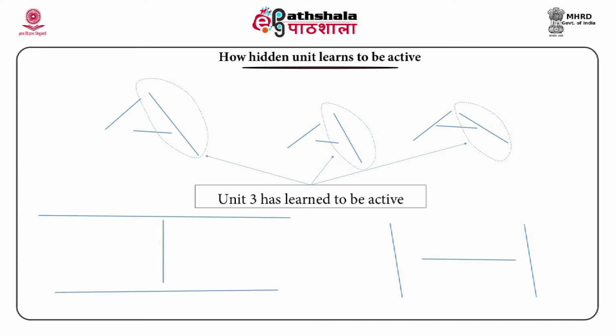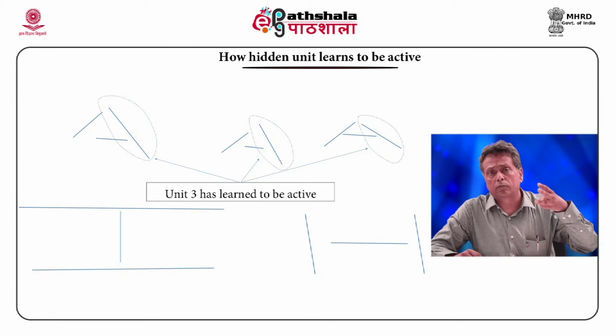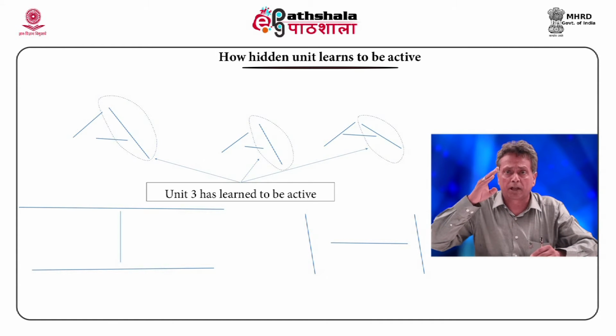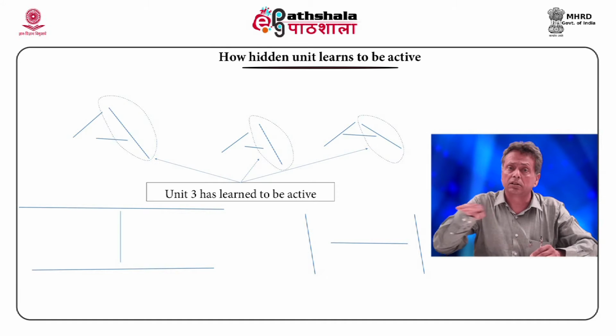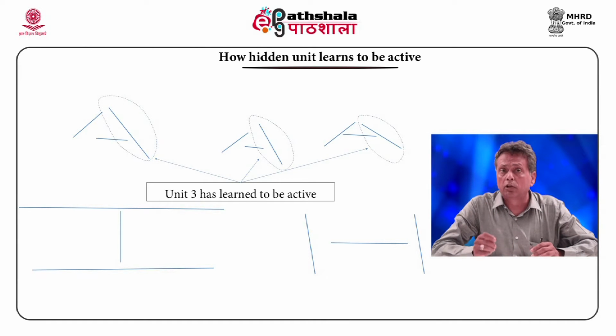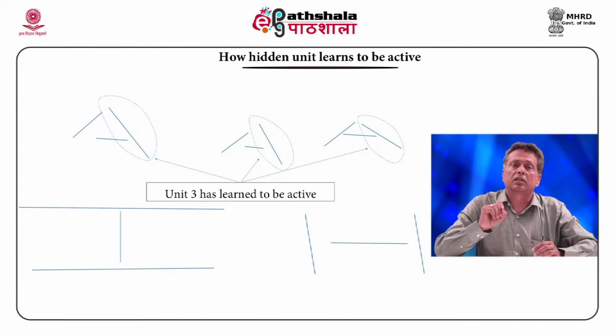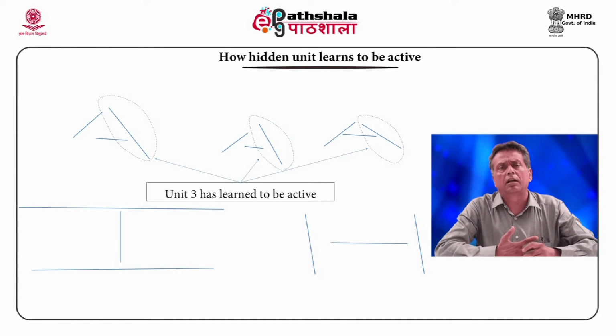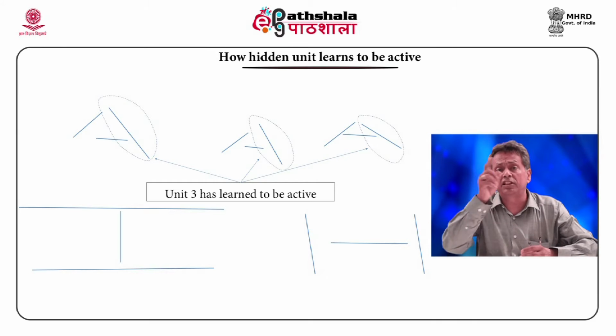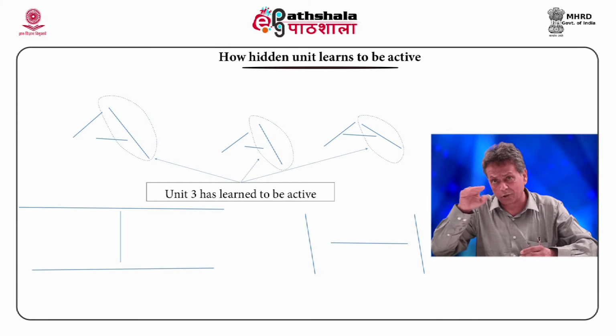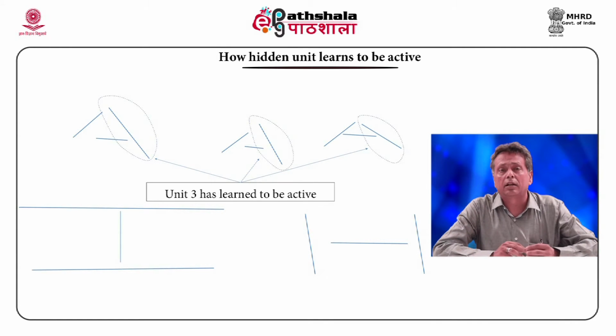Let me recap; this part is pretty important. We have 3 units: one learns to become active when there is a slanting line moving from left to right up, another for the slanting line which moves from left to right down, and the other one which is horizontal. Every unit learns to pick up its feature and become active. There are many other cases, for example G, where you also have a horizontal line.